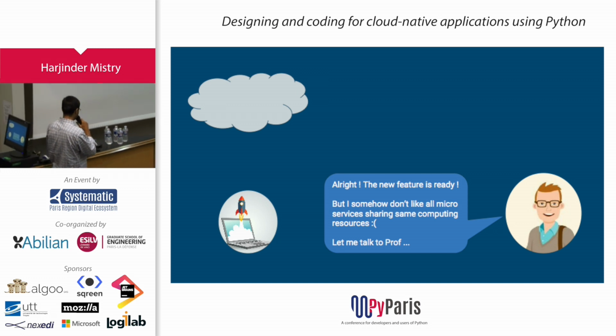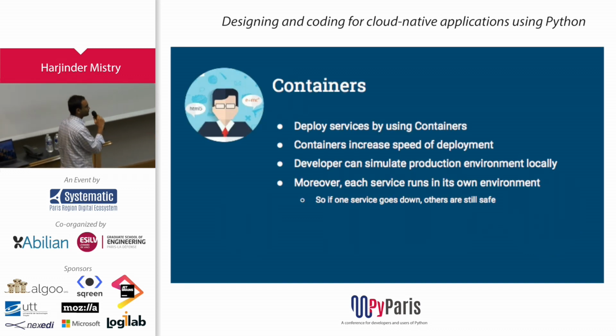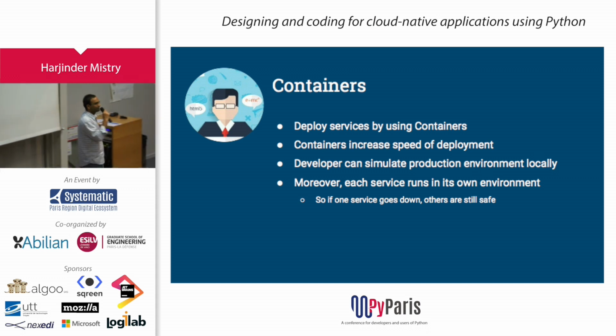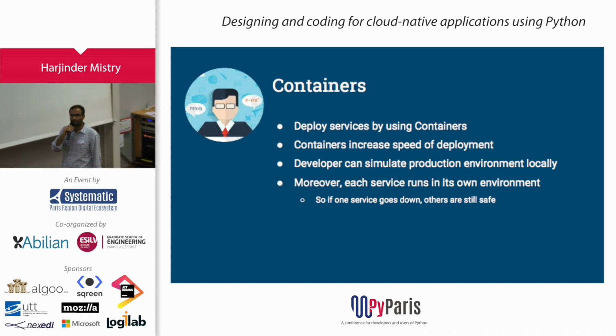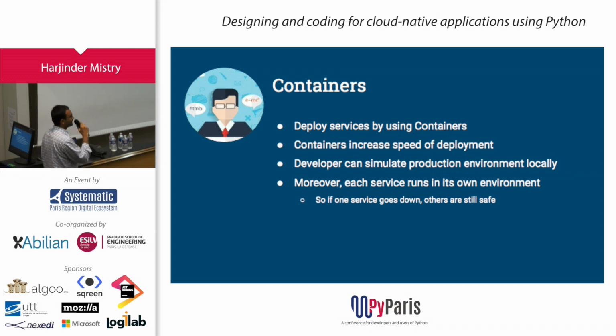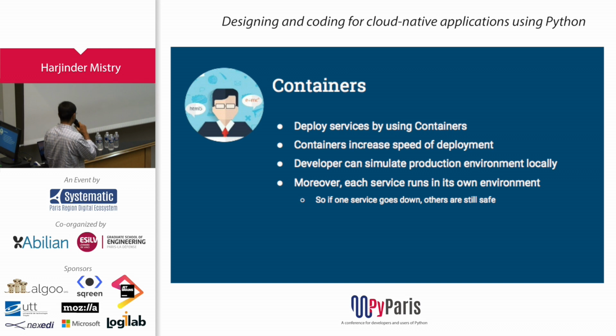Without containers, that becomes really a big task. So that's what the professor also talked about to Mark. He tells him that containers are really fast in deployment, and they also give us the opportunity to create a production-like environment in the local setup of the developer, so that there is some confidence that he can work on the actual production environment.